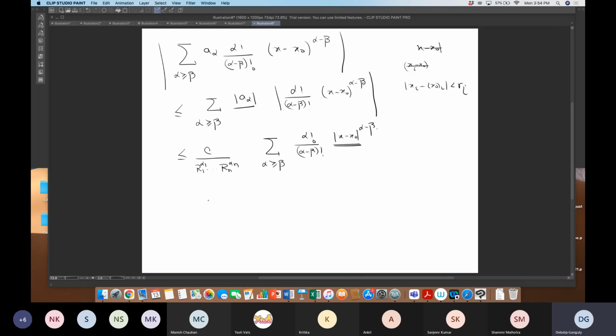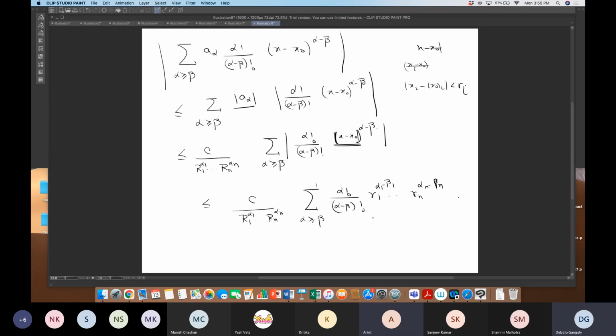So if I do this, it is less than or equal to C by r1 to the power alpha 1 dot dot dot rn to the power alpha n, summation over alpha greater than or equal to beta, alpha factorial by alpha minus beta factorial, into r1 to the power alpha 1 minus beta 1 dot dot dot rn to the power alpha n minus beta n. Clear? Agreed? All of you agreed? So here I put it like this. Agreed or not?